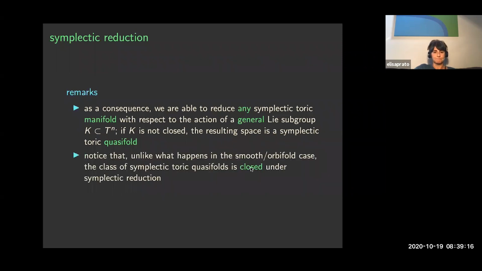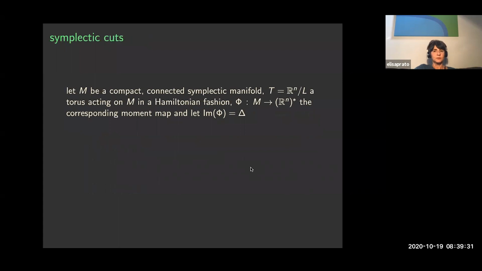Also, the other remark is that the symplectic toric quasifolds are closed in the symplectic reduction, unlike the smooth and orbifold case. So the thing that I wanted to spend a little more time on is the symplectic cut operation.